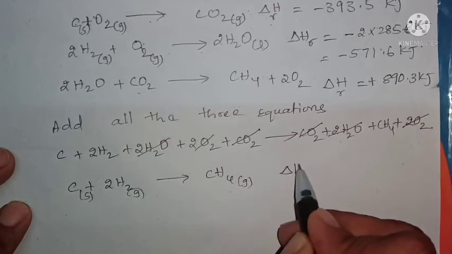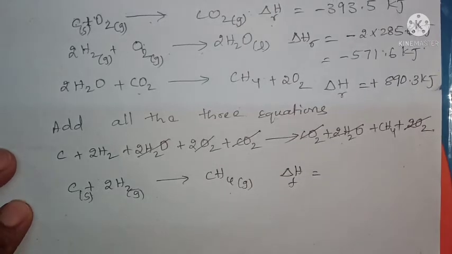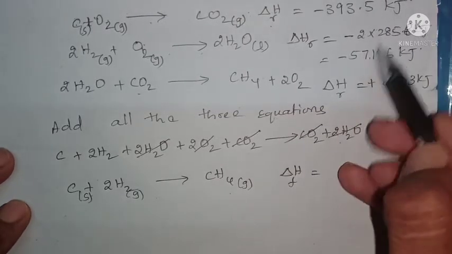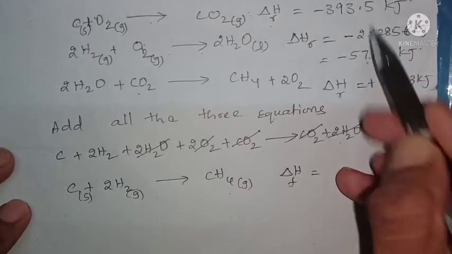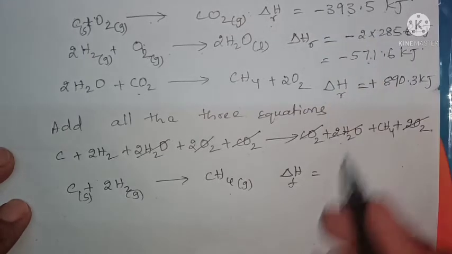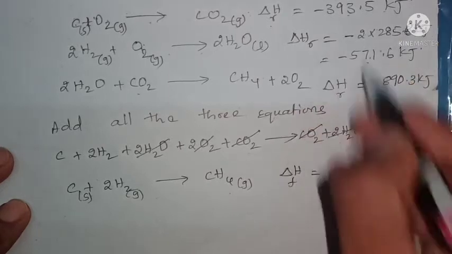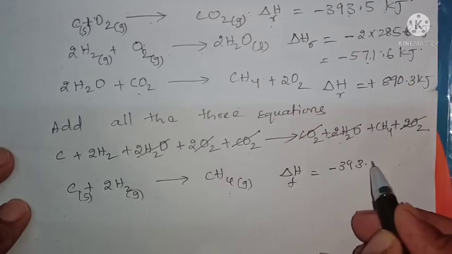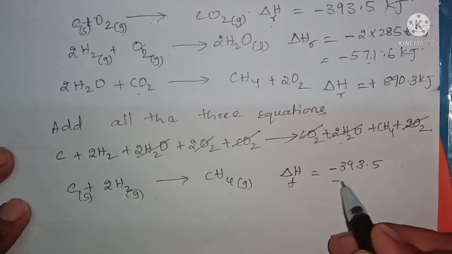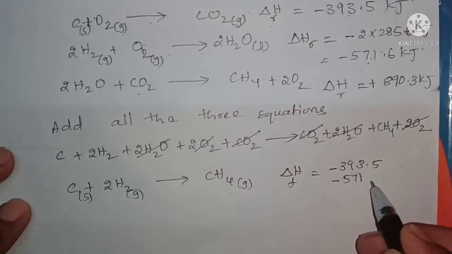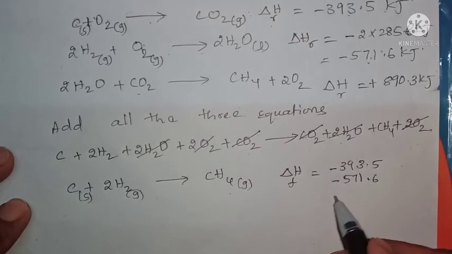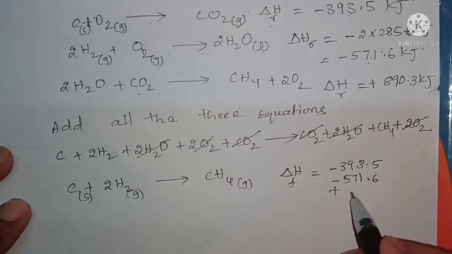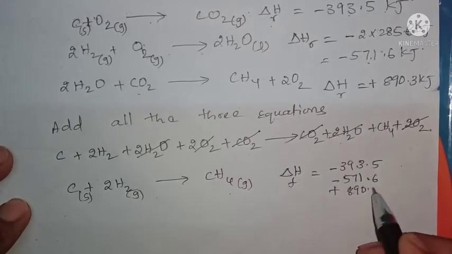So delta H formation: here we have to add these two, that is minus 393.5 minus 571.6, plus 890.3.